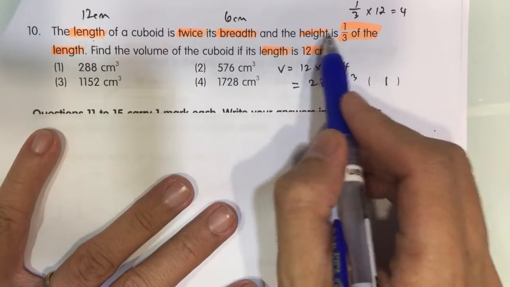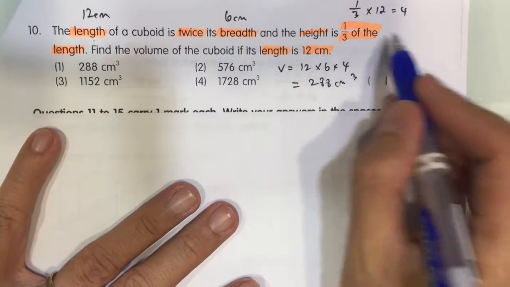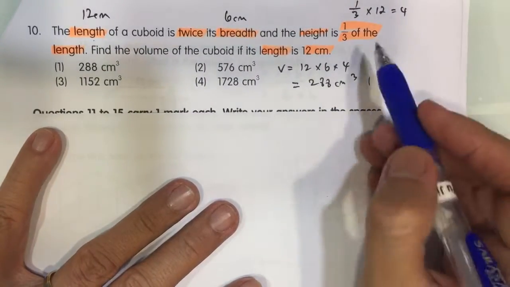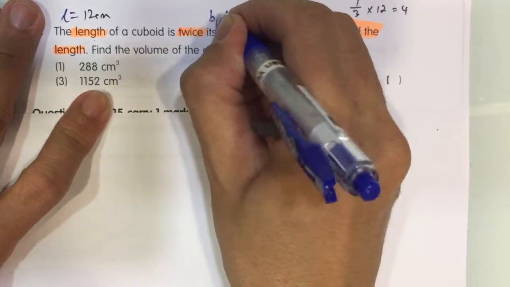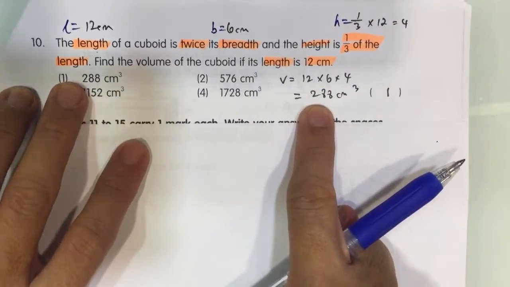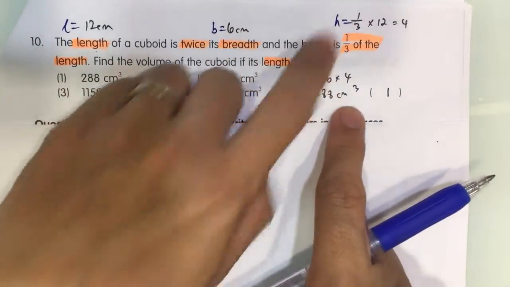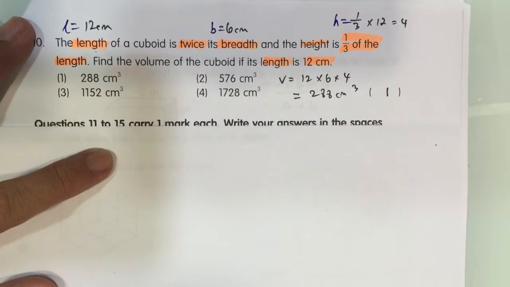Then the height is 1/3 times the length. So 1/3 times 12, I have 4. So height is 4. So volume of cuboid will be length times breadth times height. So it's 12 times 6 times 4. Work this out, you have 288 cm cubed.